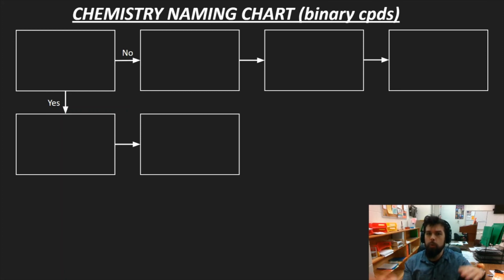Do that and post it on this assignment in Google Classroom, and that can count instead of a Google form this week. So yeah, that's naming. It's not the most exciting thing in chemistry, but it is super important in helping us communicate with one another.